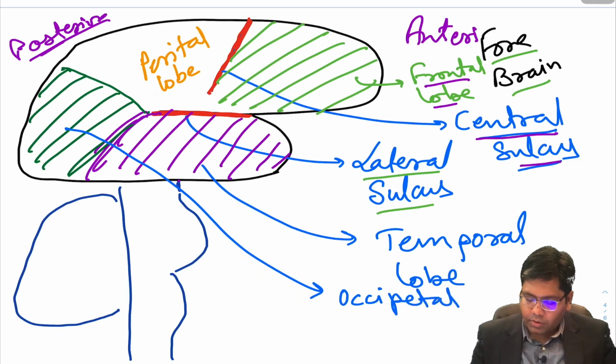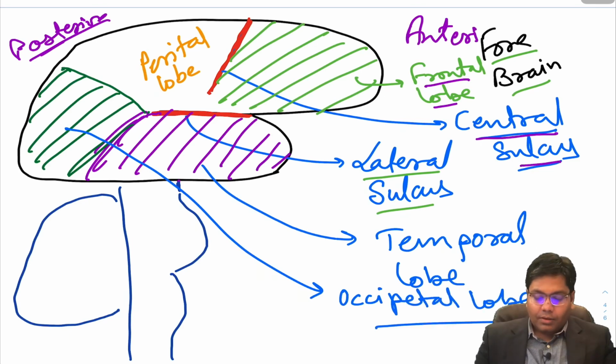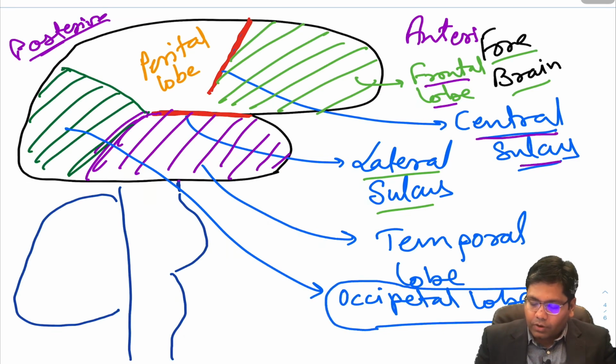This occipital lobe is very important for your vision. The cortex in the occipital lobe is also known as the visual cortex.